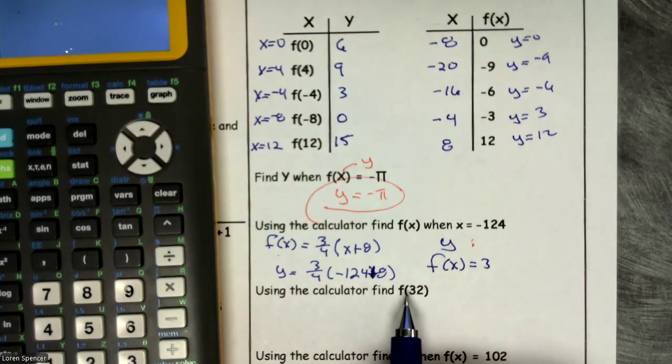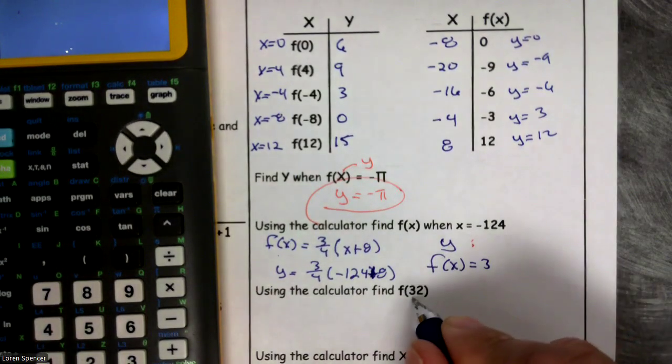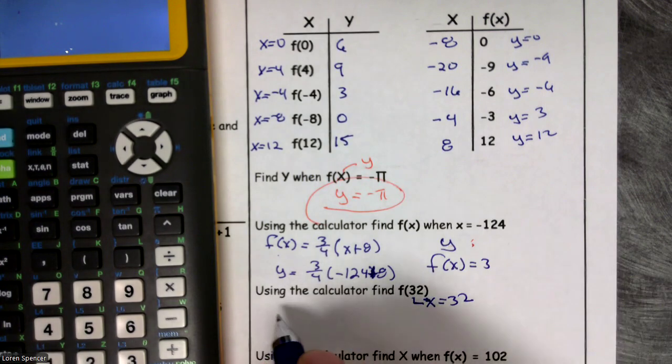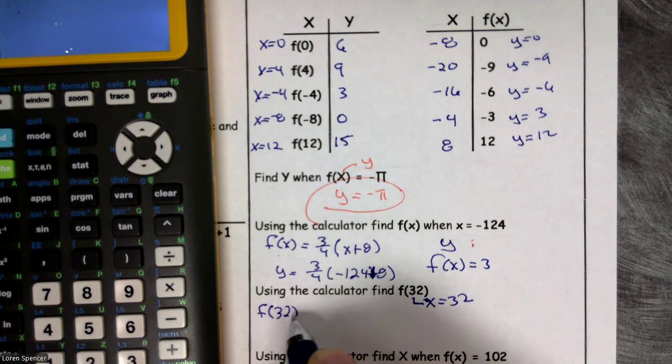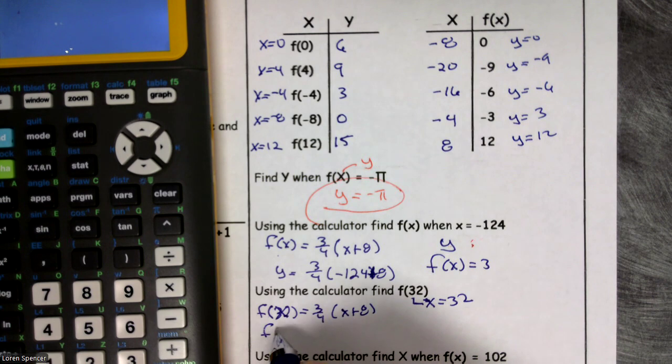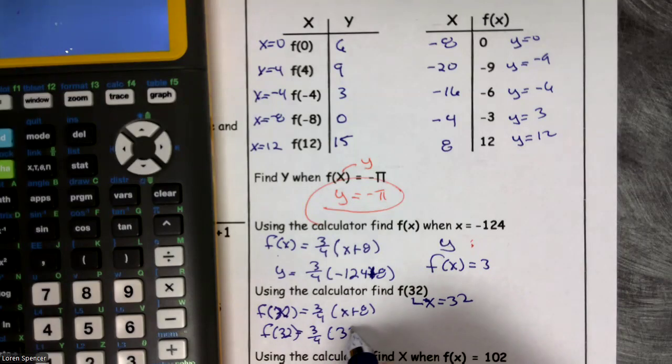Use a calculator and find f of 32. What that means is x equals 32. So once again, we want f of 32 equals 3/4 x plus 8. This is f of x. Well, f of 32 equals 3/4 times 32 plus 8.